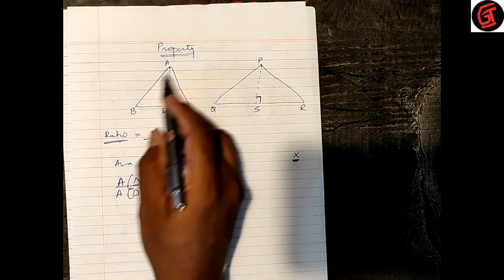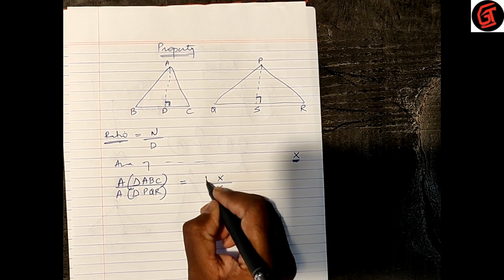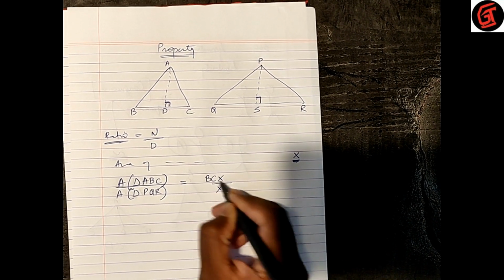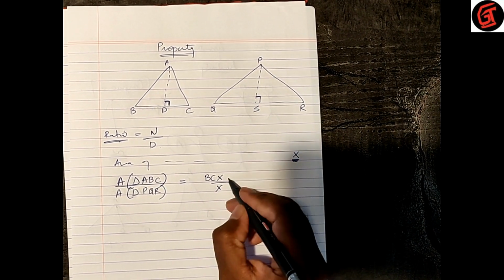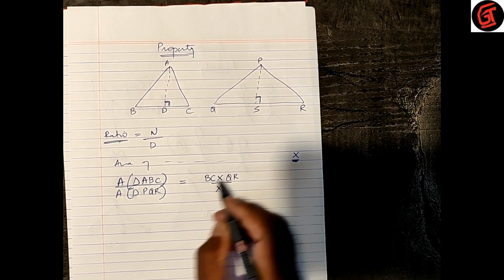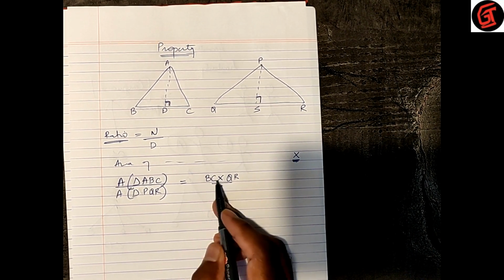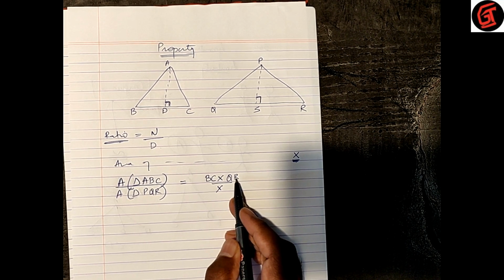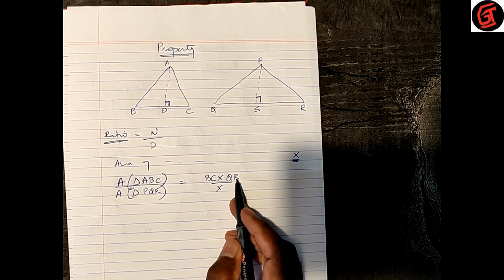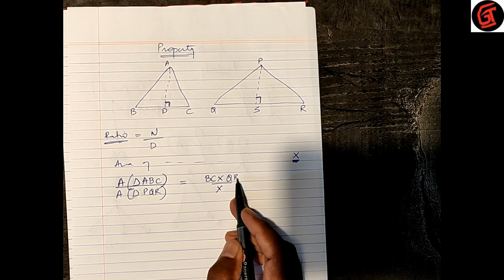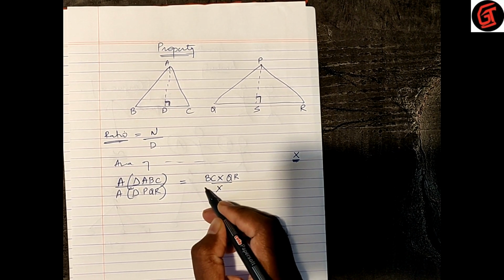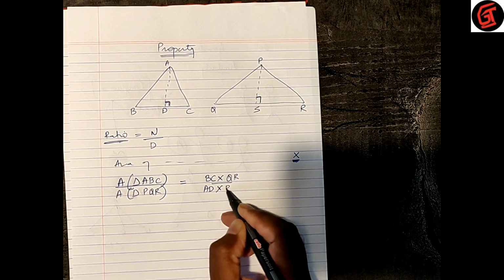So the base of ABC is BC and the base of PQR is QR. The product of their bases and corresponding height, that is AD into PS.